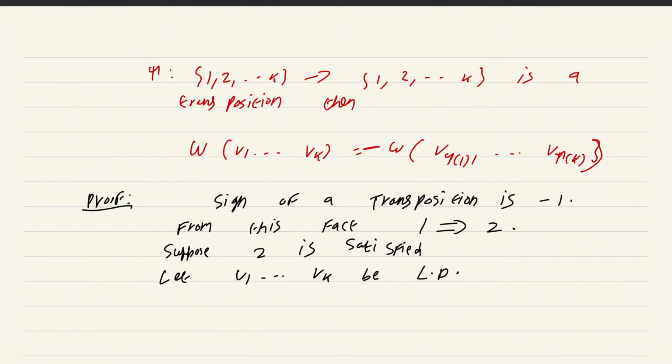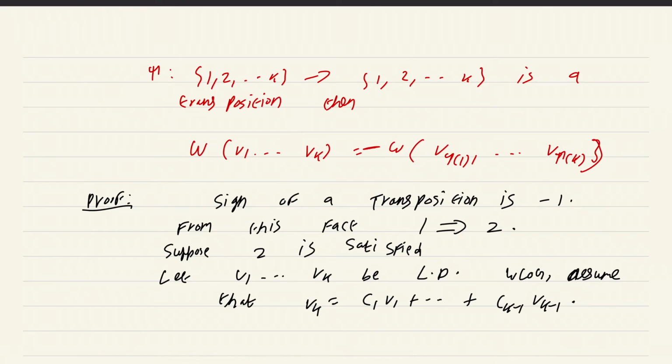Without loss of generality, assume that vk is some linear combination of the preceding vectors, c1 v1 plus and so on plus c(k-1) v(k-1). I'm just assuming that the linear dependence comes from the last vector. There is really no loss of generality in this, and I want you to check why.